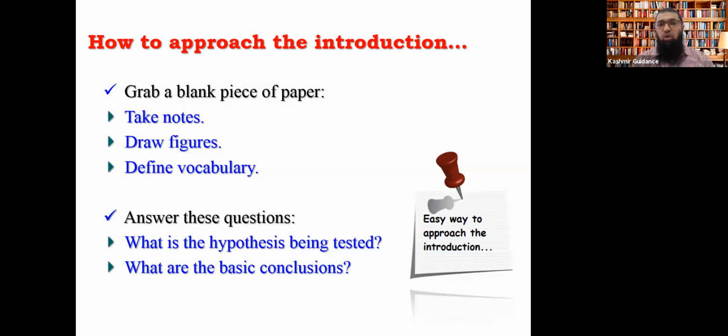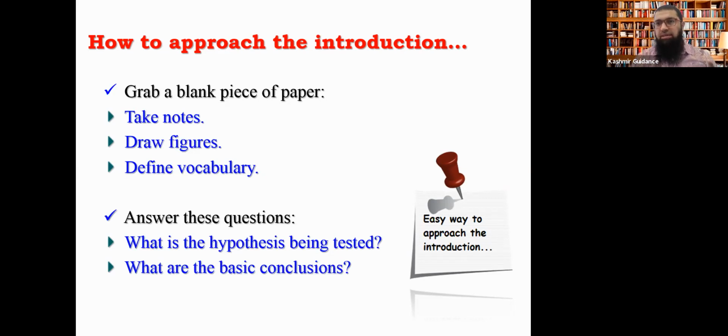Number one question, what is the hypothesis being tested? Because in every research paper, there is some hypothesis which is actually tested. So you need to understand which hypothesis is tested in this research paper. And what are the basic conclusions?